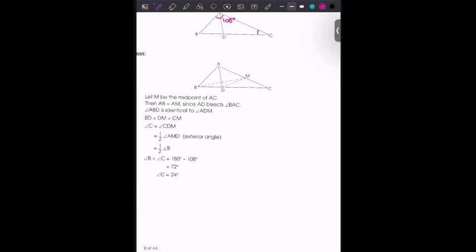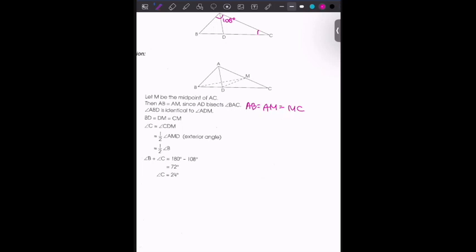So AB is going to be equal to AM as well as MC. And that is because AD bisects angle BAC, so these two are going to have the same angle.